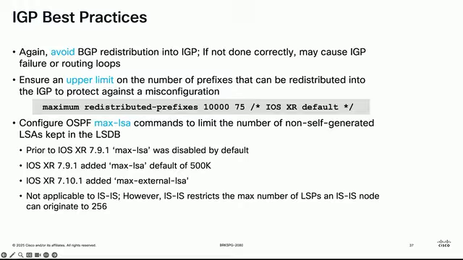From 7.10 onwards, a max external LSA CLI has been added, so you can make use of that CLI and set the limit. Again, do not rely on default values. 7.9.1 has a default max LSA value of 500K. Set it based on your own requirement. For ISIS, obviously max LSA is not applicable. ISIS has another mechanism built in, which restricts the number of LSPs to 256.